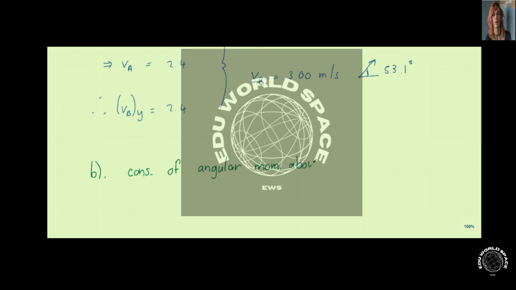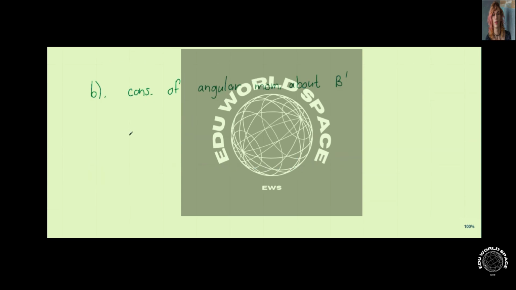So the conservation of angular momentum about B prime. Remember, angular momentum is position multiplied by momentum. The angular momentum about B prime before is 0.75 V naught, and this is equal to 1.8 minus A times VA plus the distance C times VC.